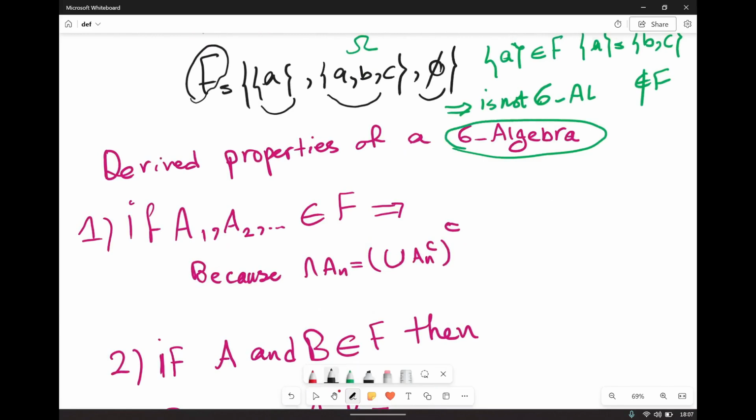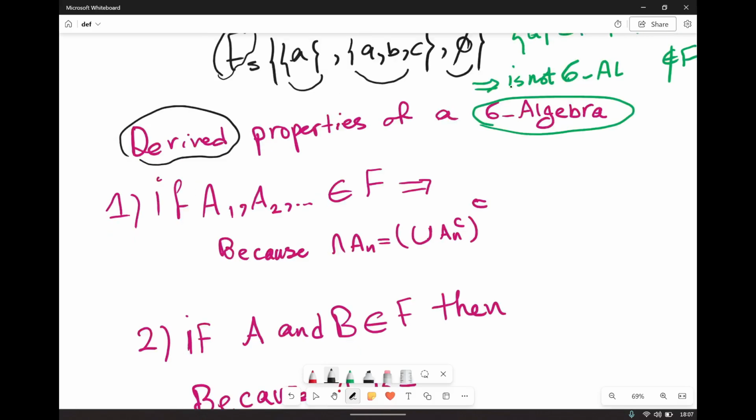But some properties derive from the sigma algebra. We know if we want our collection to be a sigma algebra, it must have three properties: omega belongs to it, it is closed under countable union, and the complement belongs to our collection. But these properties derive from the previous three properties. If you consider A1, A2, and so on belong to our sigma algebra, the intersection of A sub i from 1 to infinity also belongs to the sigma algebra.